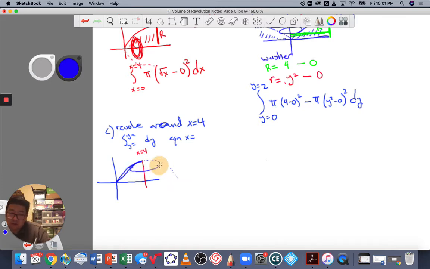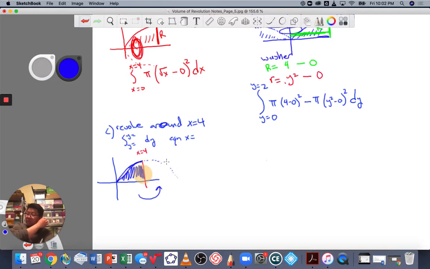Now, as we revolve around this, if this whole shaded area is revolved around this, hopefully you'll see that when we revolve around this way, there is no empty space here.